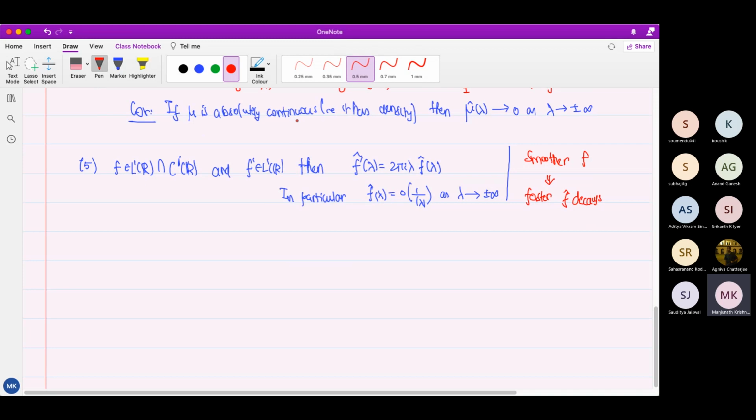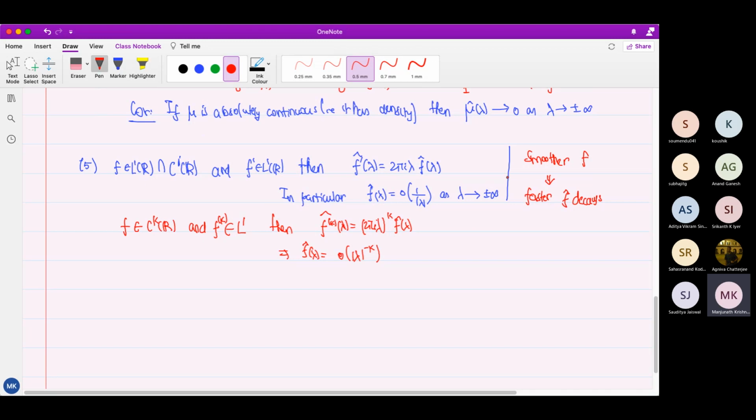So in particular, you can do it in the same way. If f is in C^k of R and f^k is in L1, then f^k hat of lambda, just by applying this, you will get 2 pi i lambda to the power k times f hat of lambda, which implies that f hat of lambda is actually big O, small o of mod lambda to the power minus k, right?